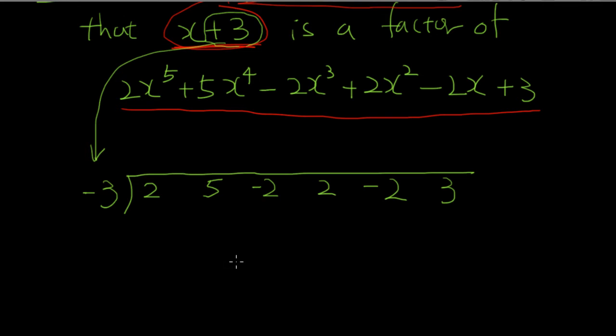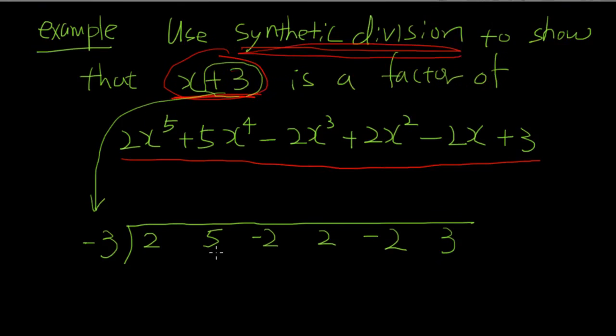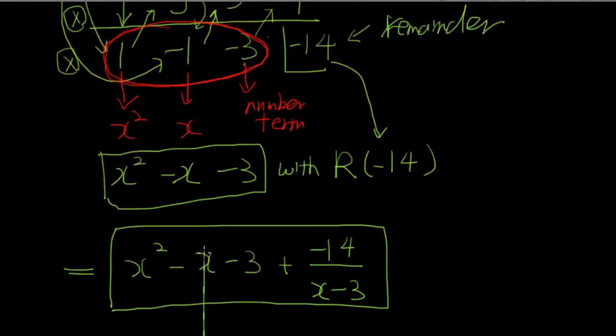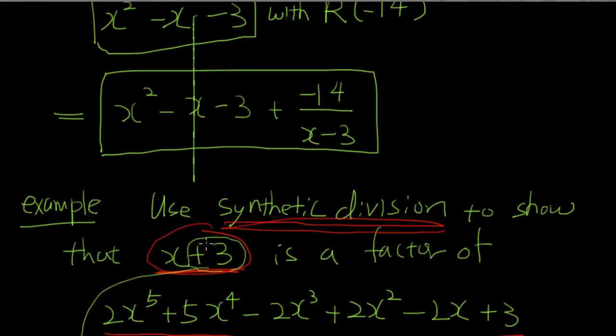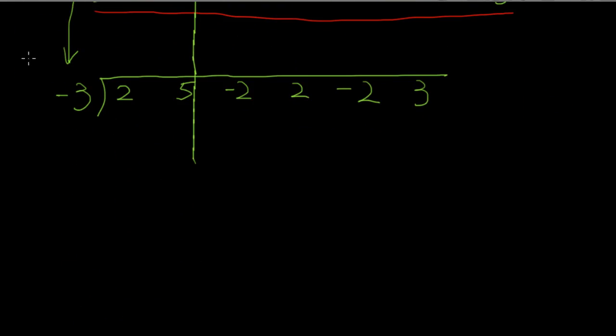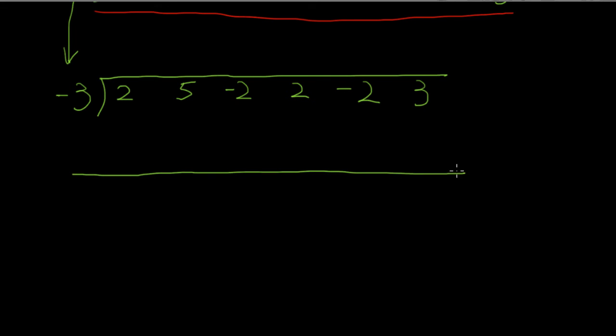Okay. What was the next step? Let's go back to the previous one. Once we set it up, we wrote this line right there, right? Okay. We're going to write a line underneath, and we're going to bring this first number down like this.